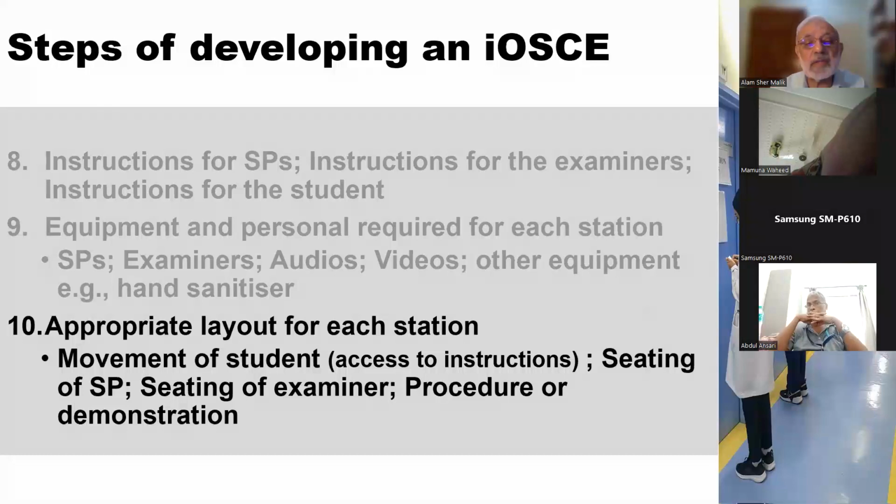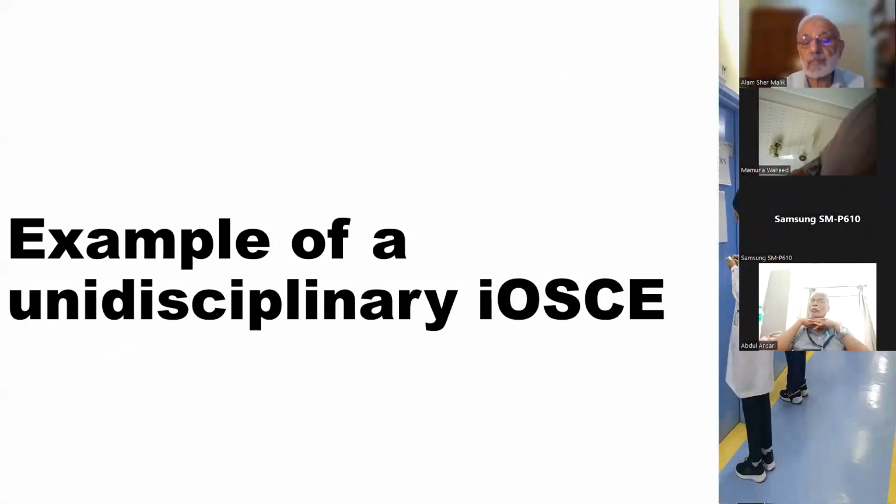The appropriate layout for each station, that is, how the student would move, the seating of the standardized patient, the seating of the examiner, procedure or demonstration. So I think all these points would be clarified by this example, which I'm going to quote now.